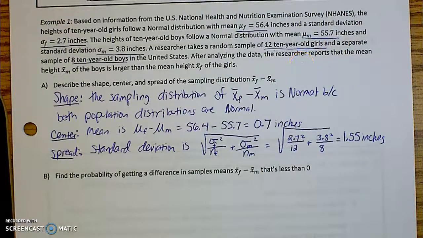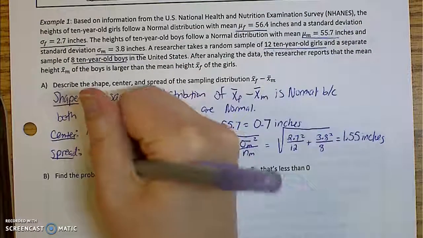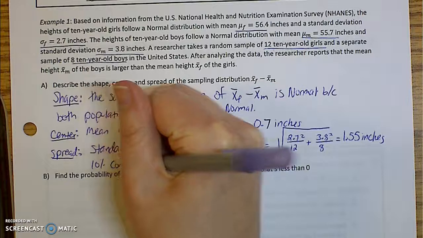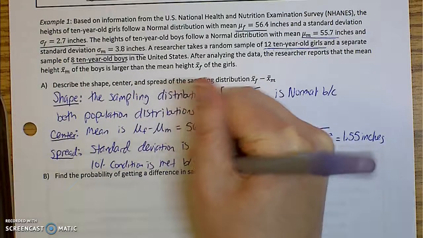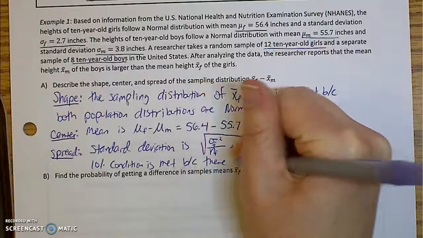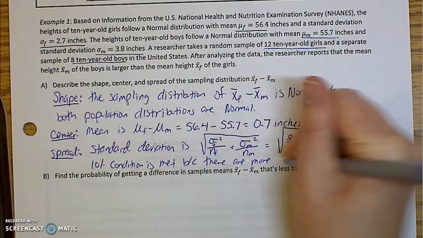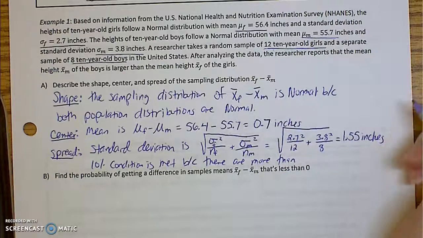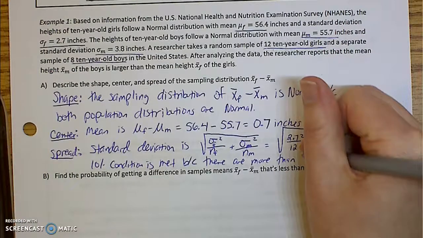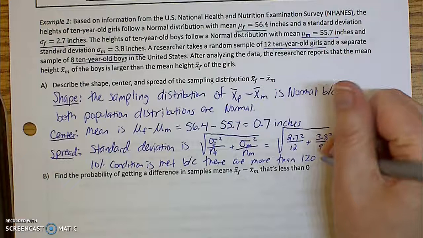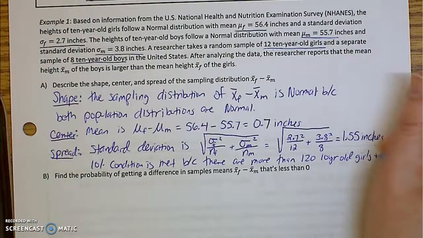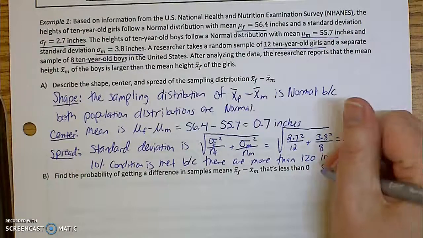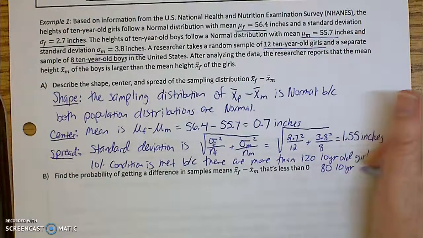The reason that we're allowed to do this standard deviation, the 10% condition, is going to be met because there are more than 10 times 12, which is 120, 10-year-old girls, and then there's more than 80 10-year-old boys.